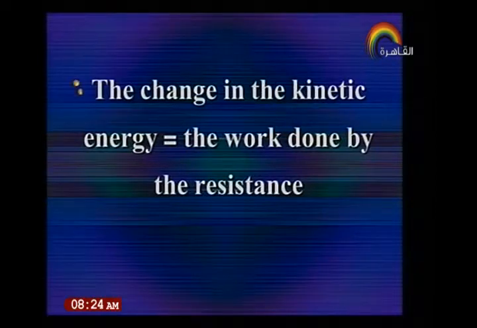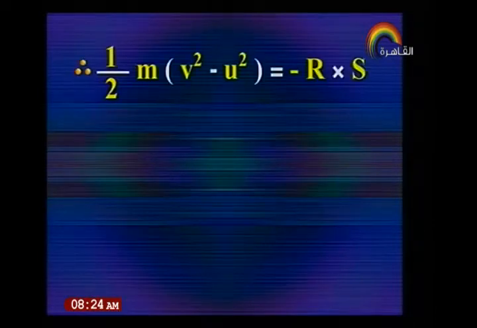Then by using this rule, we have ½m(v² − u²) equals negative R times s. What is R? The resistance force. s is distance, m is mass, v is final velocity, u is initial velocity.